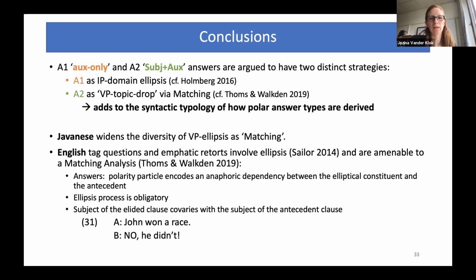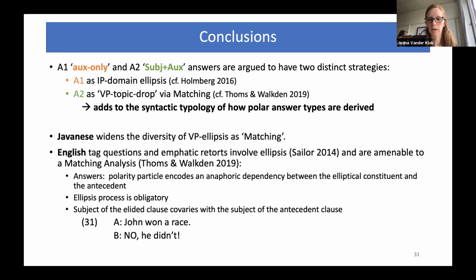So 31 is an example of the emphatic retort answer. And they argue that this is amenable to the matching analysis because of three things. First, in answers, the polarity particle encodes an anaphoric dependency between the elided constituent and the antecedent.